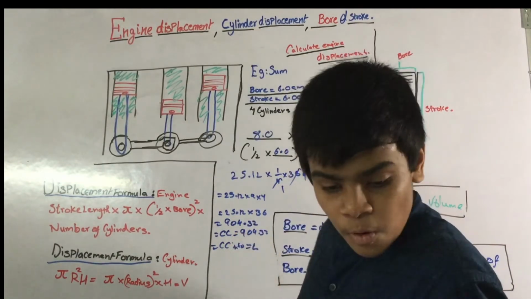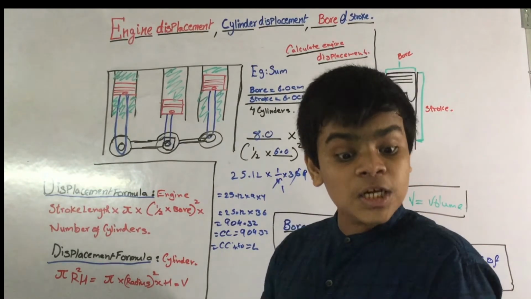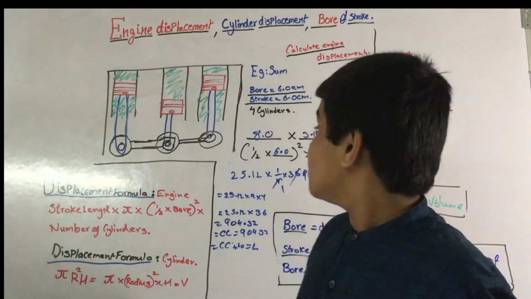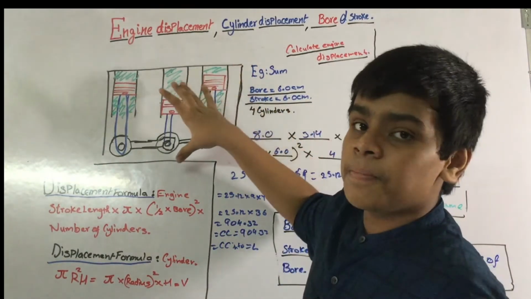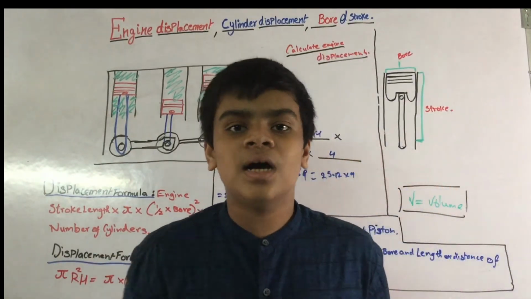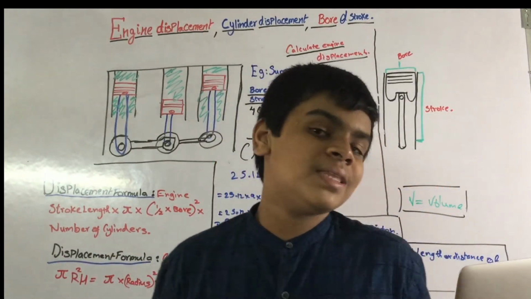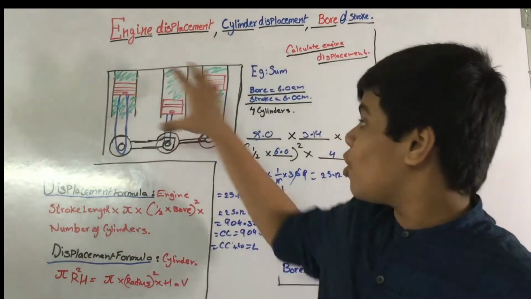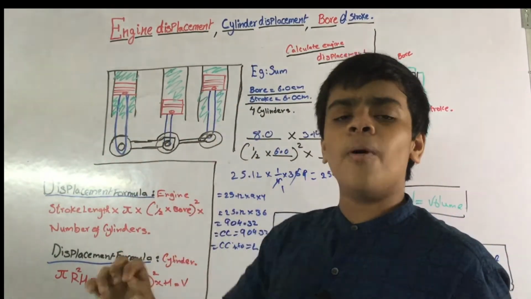So 904.32 becomes 0.90432. So the volume for this engine is 0.9 liters. It's just 0.1 liters less to become 1 liter. So this engine volume is equal to 0.9 liters.